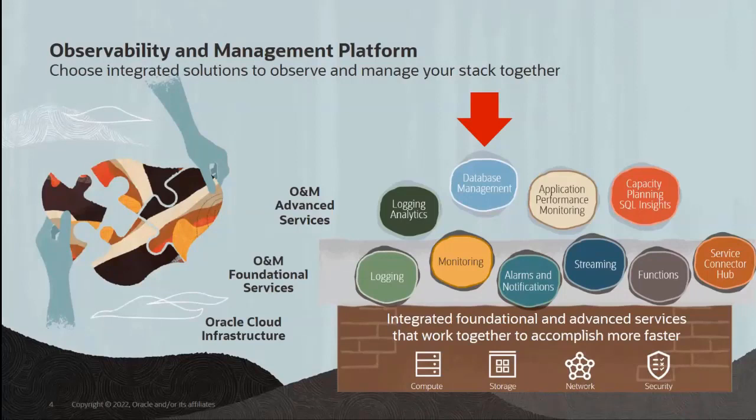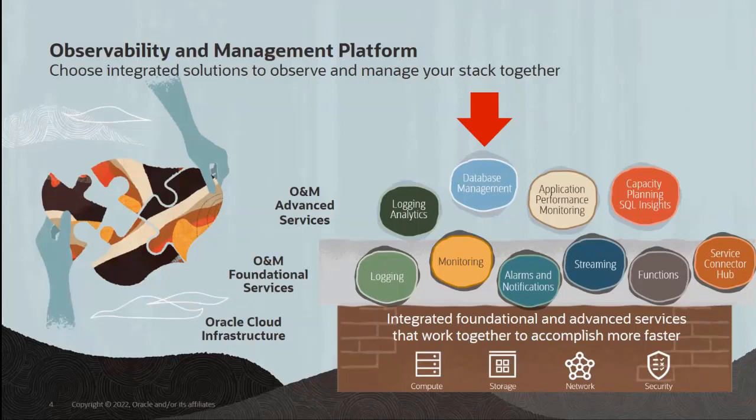So I'm going to use this slide to give you a little orientation of the entire platform. Obviously, the big red arrow is where we're going to be focusing today, the database management service. This platform is designed to support both your on-prem assets and your cloud assets homogeneously. So you're going to see it all from single dashboards, however you have it configured.